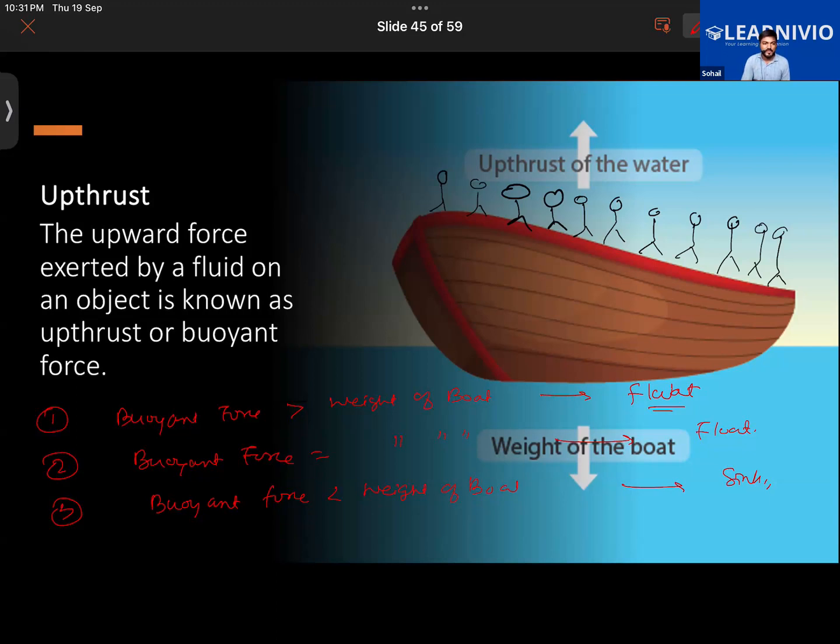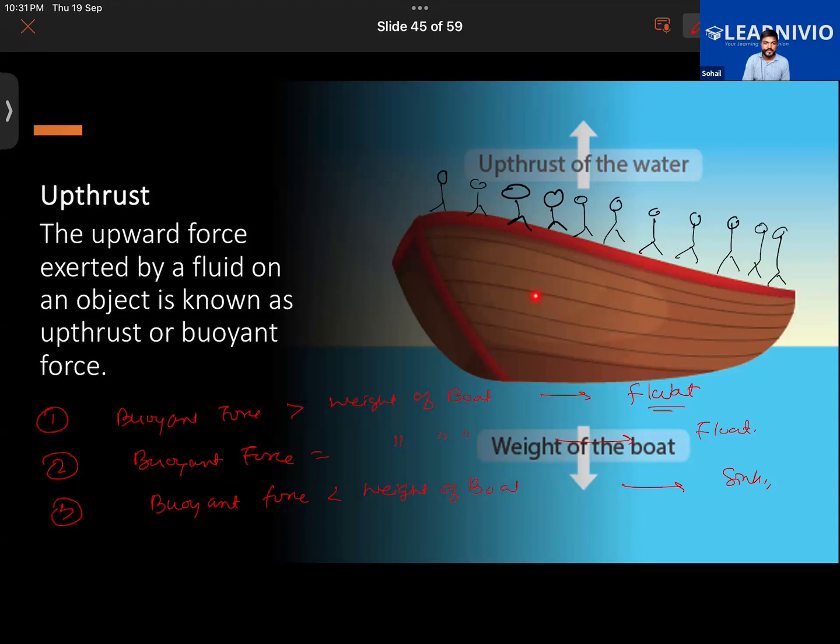You get to see the rise in the level of water. The first reason is density. When an object floats or sinks, its density is compared to the liquid it is in. If the density of the object is less than the density of water, it is going to float. But if it is more, then it will sink.